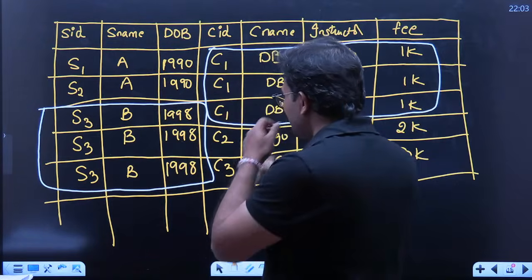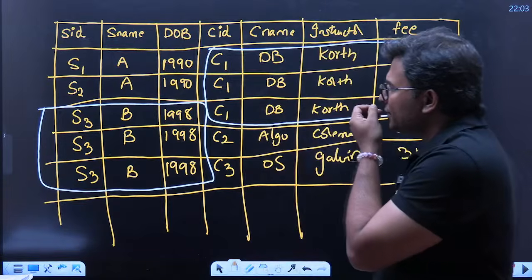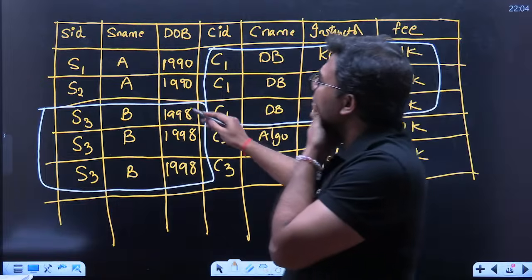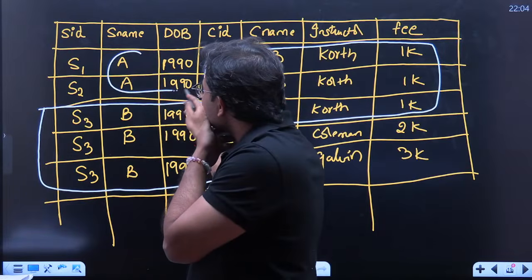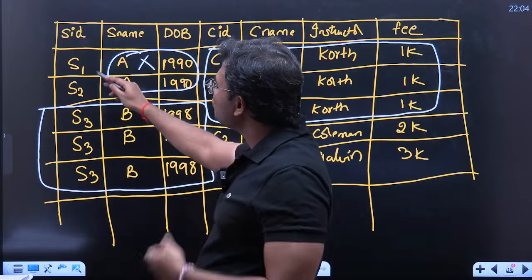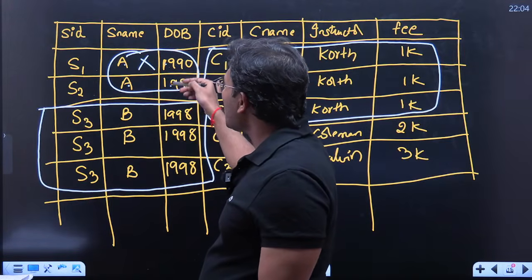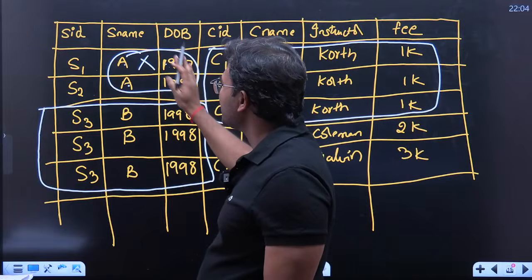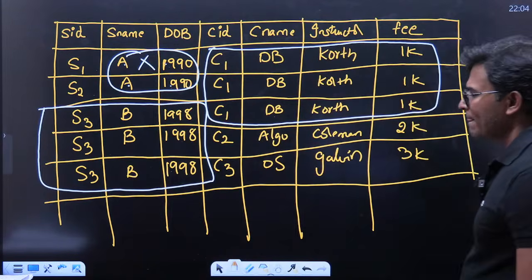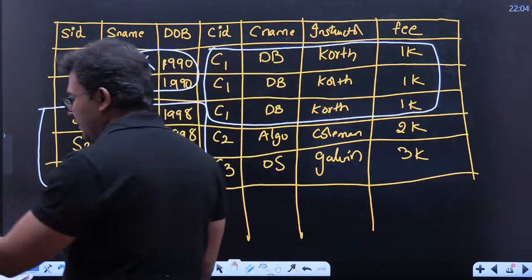You are many times adding courses, many times adding students, so these are redundancies. You may think that this is also a redundancy, but it is not, because two students can have the same name and same date of birth. You don't have any option, you have to store it. This is not redundancy, this is redundancy, and this is redundancy.